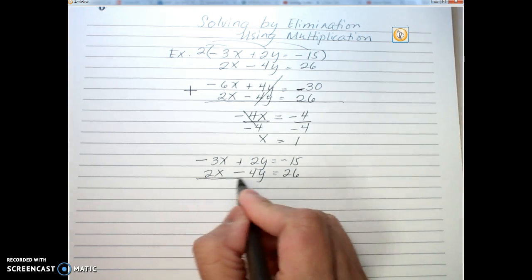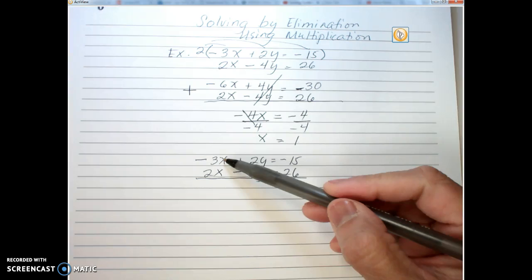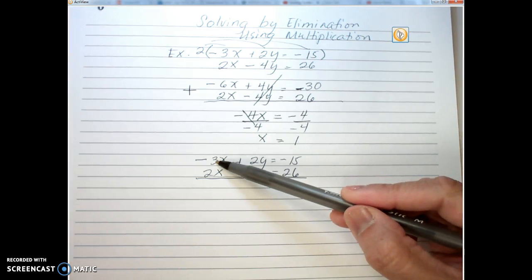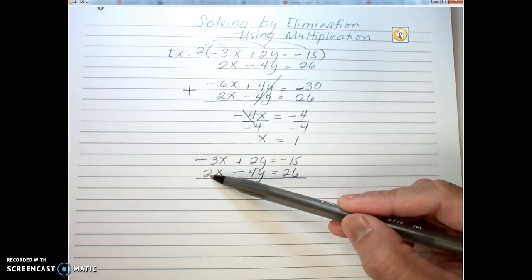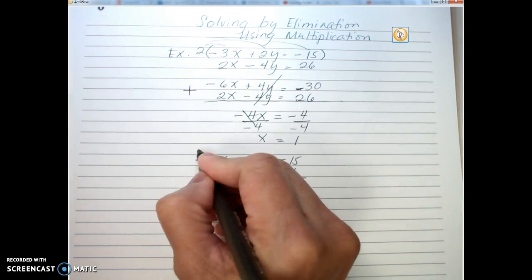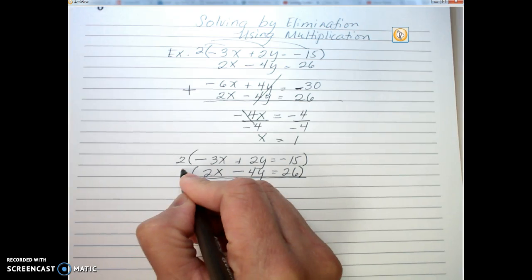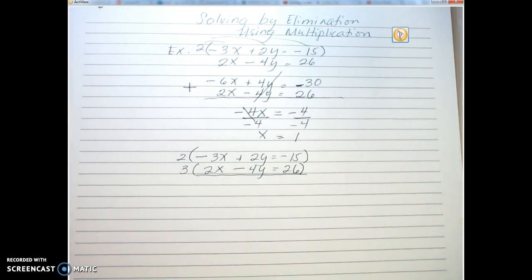And the only way I can eliminate the x is if I multiply this by a 2 and if I multiply the second equation by 3. So let's try that. We multiply that by 2 and this be multiplied by 3.